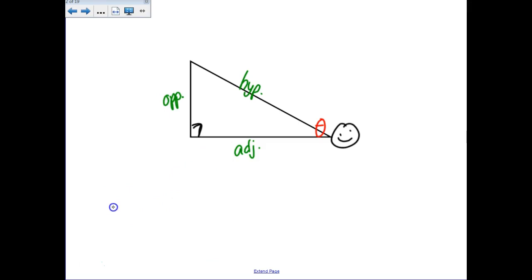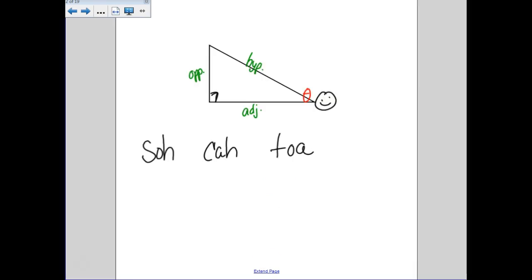So then your geo teacher told you some sort of mnemonic device to remember our 3 trig functions. And most of you learned SOHCAHTOA. So can you remind me what SO stands for? Sine of an angle is opposite over hypotenuse.